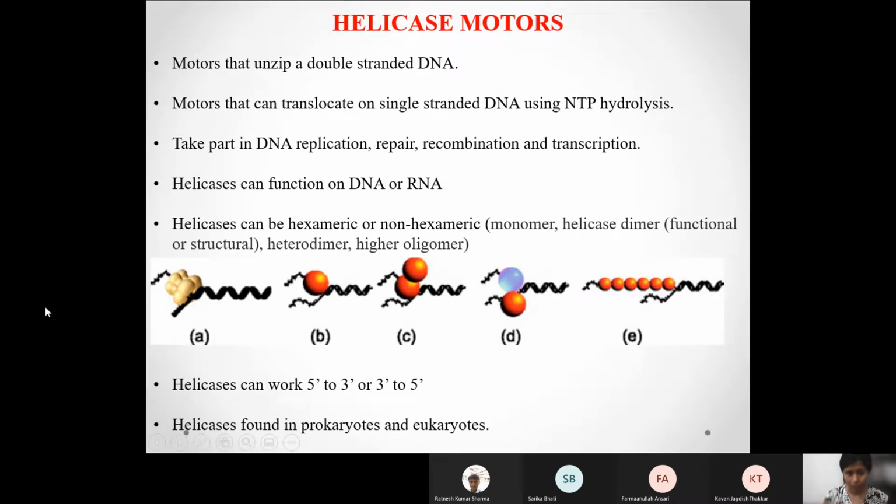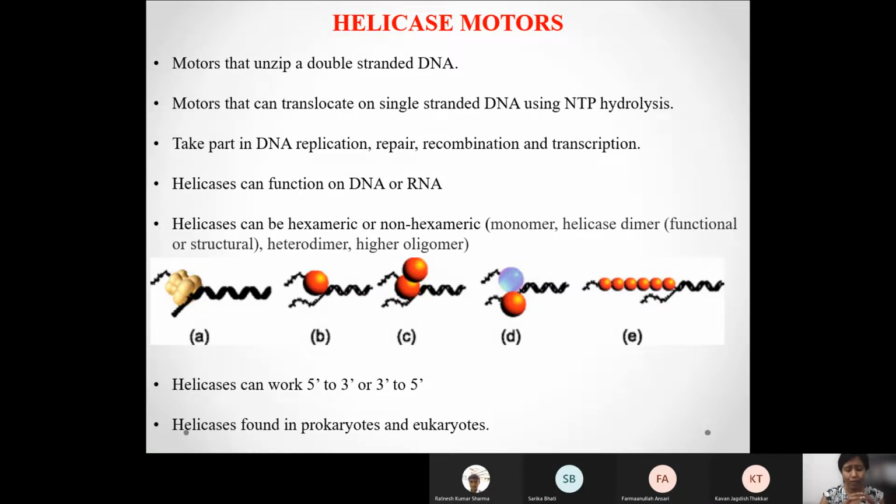The helicases could have all of these combinations of structures. You could have a single monomeric helicase, just one monomeric unit, or you could have formation of dimeric helicases. It could be a homodimer, it could be a heterodimer. You could have formation of higher oligomeric structures. This is just a representation. Do not think that it's one helicase after the other.